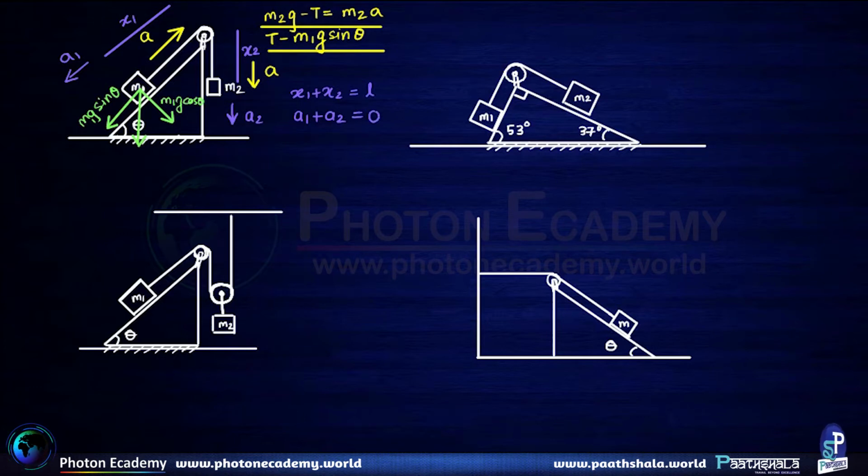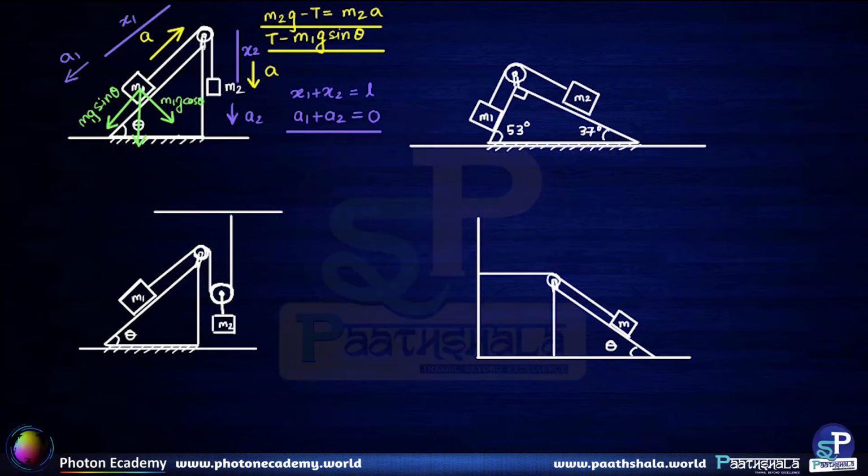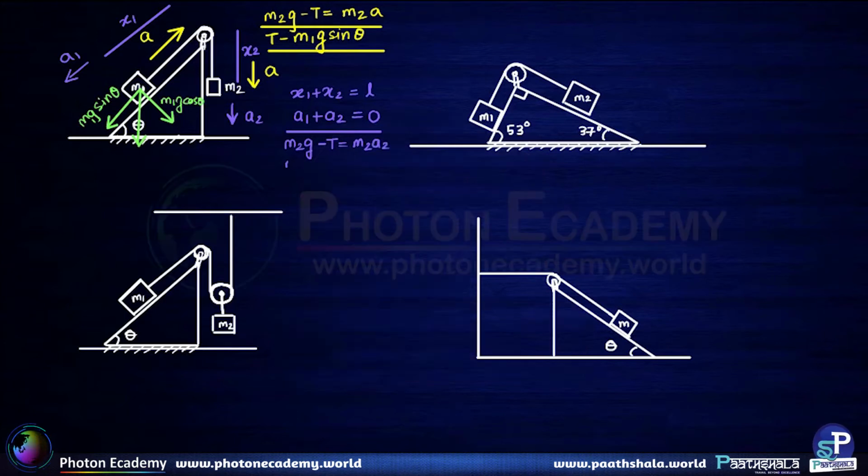So this is one equation, and while using constraint motion equations, the other two equations that we can write down from Newtonian dynamics are m2g minus t is equal to m2 a2 and m1g sin theta minus t is equal to m1 a1. So this is the analysis of the first diagram.